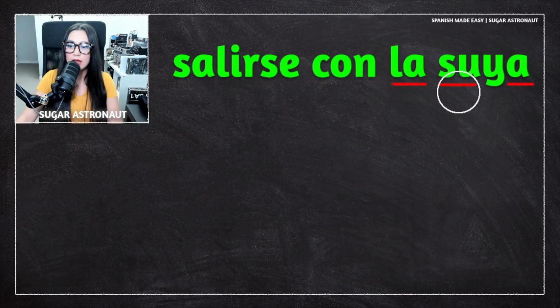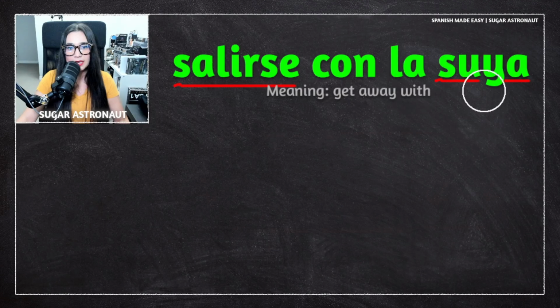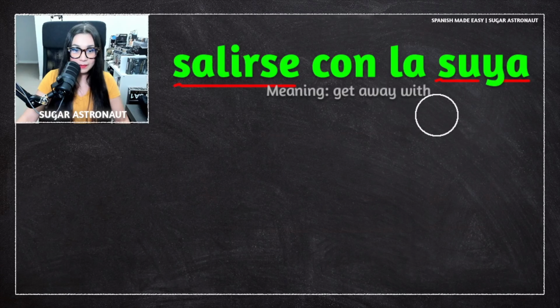Salirse con la suya. Some things might change, for example, obviously the conjugation of the verb. I'll show you some examples. Essentially, when you use this phrase, you want to say to get away with. So when someone gets away with something.